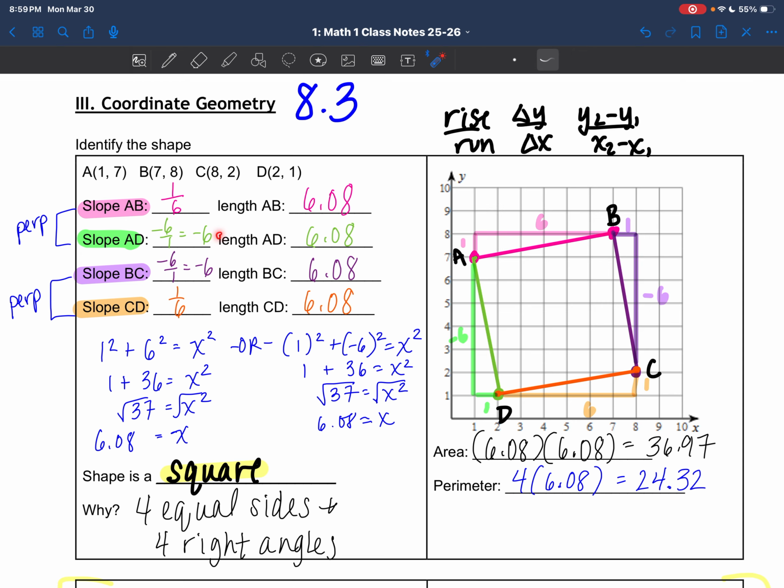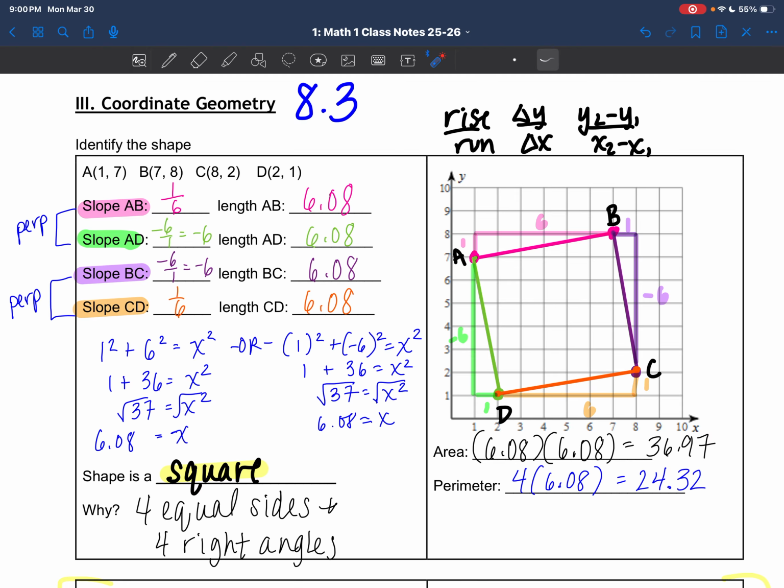We already said negative 6 for AD, and it's the same slope, and we've got the same measurements. If you look at the measurements all the way around, they're all either 6, negative 6, or 1, negative 1. So the slope of BC is negative 6, which would be parallel to slope AD. So these two are parallel. And the length of this is the same because it's the same measurements.